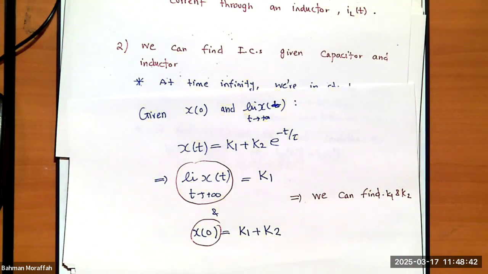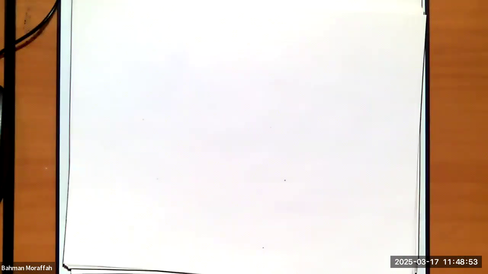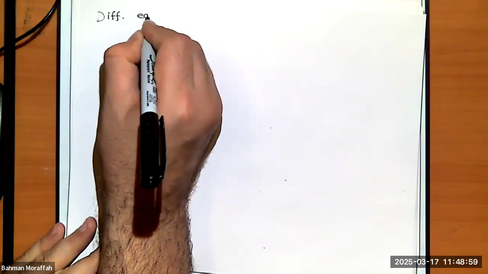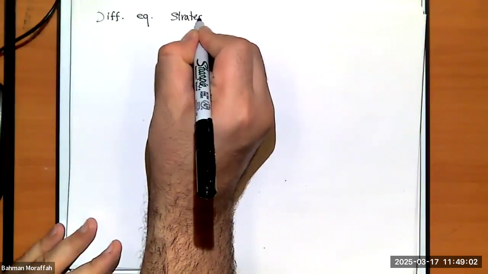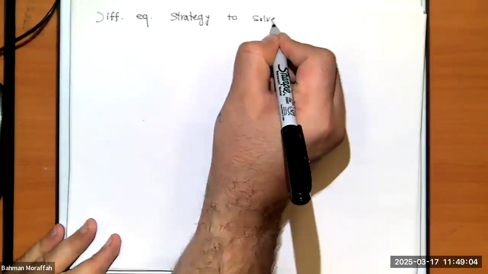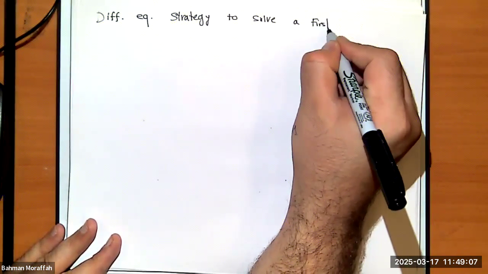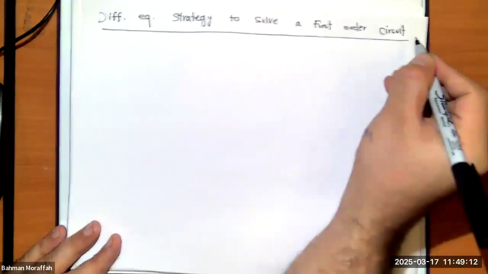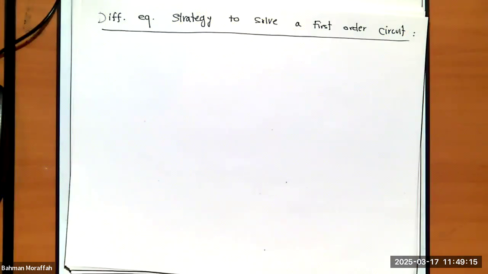So let's just see how. Let's have a recipe to follow and solve for voltage across the capacitor or current through the inductor. So, differential equation strategy to solve a first order circuit. The first step is to write down the differential equation.